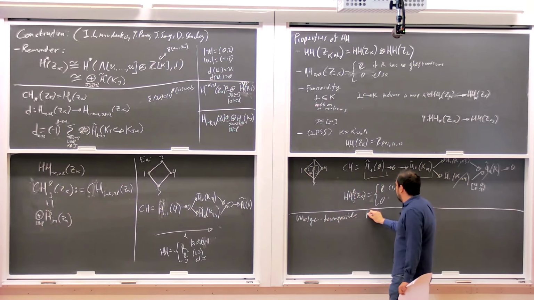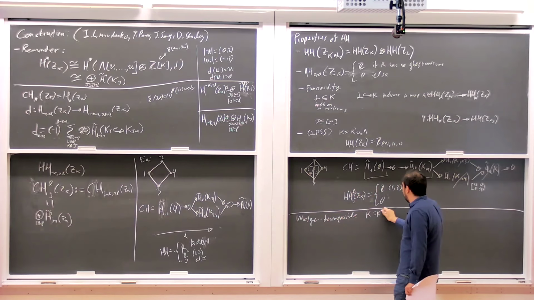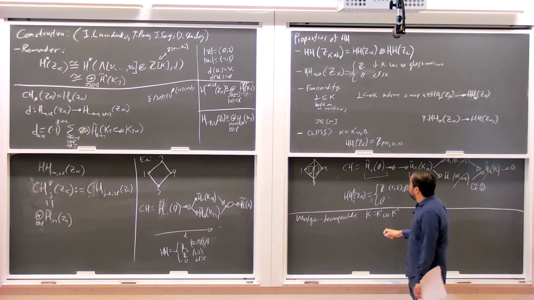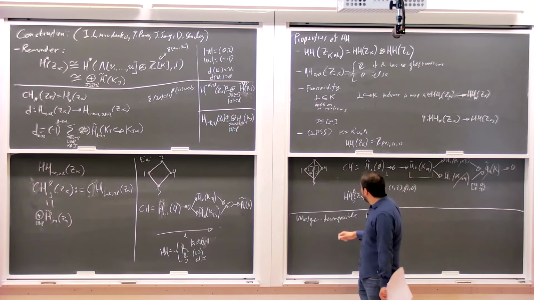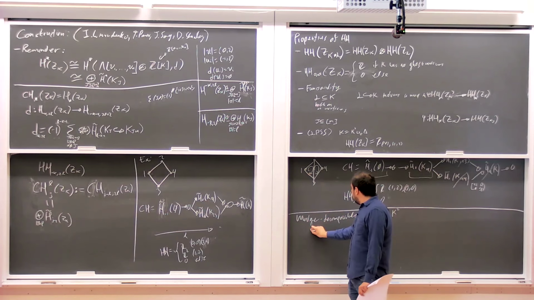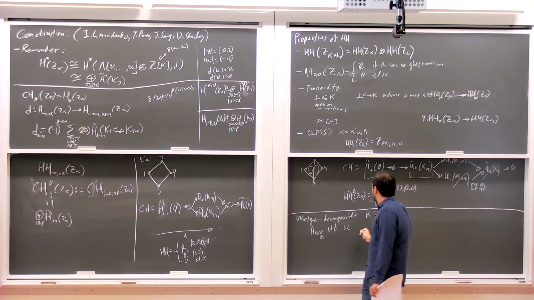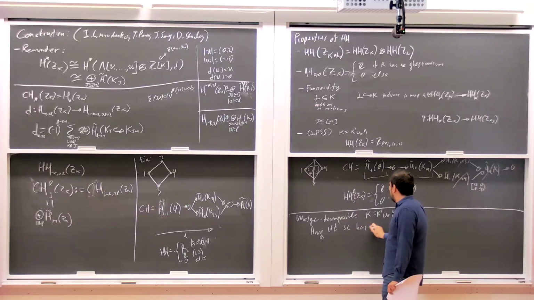That is that K is like K1 disjoint union through a phase of K2. And it turns out that any wedge decomposable simplicial complex has trivial double homology.